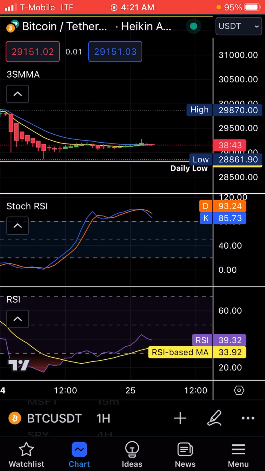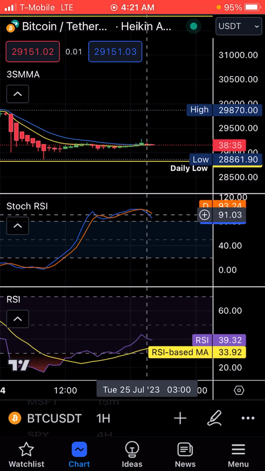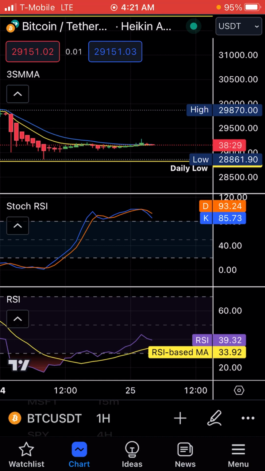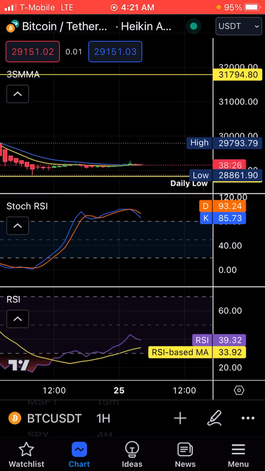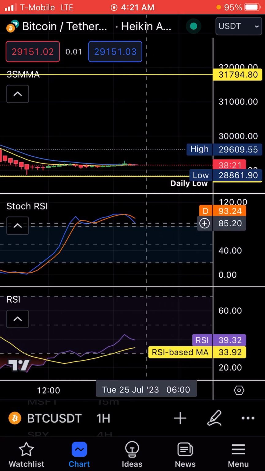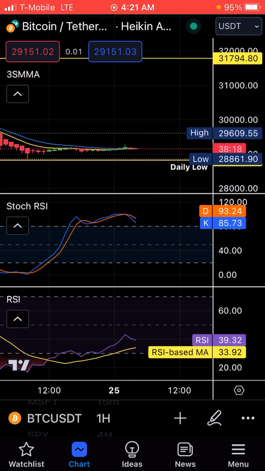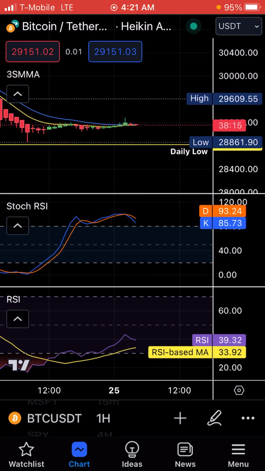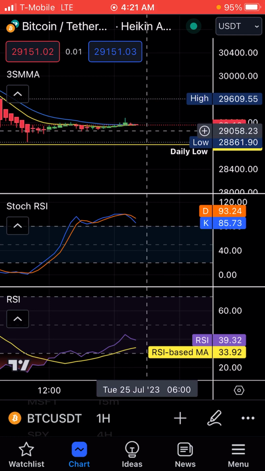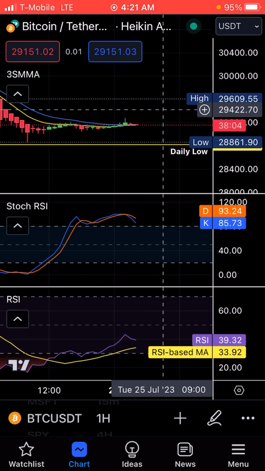Also, you can look at your stochastic RSI and take note of when the line is doing what it's doing right now. Since we did this on the daily, we see the stochastic right now is going down. Since we marked our daily low right here, it's probably going to go down a little bit, touch this daily low, and then bounce up a little bit.